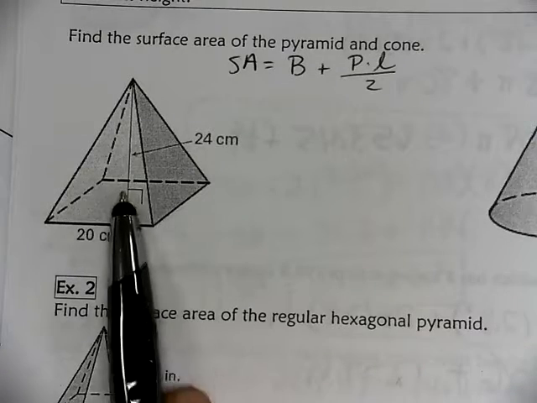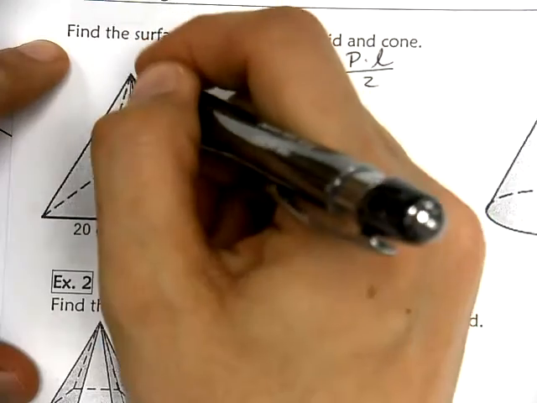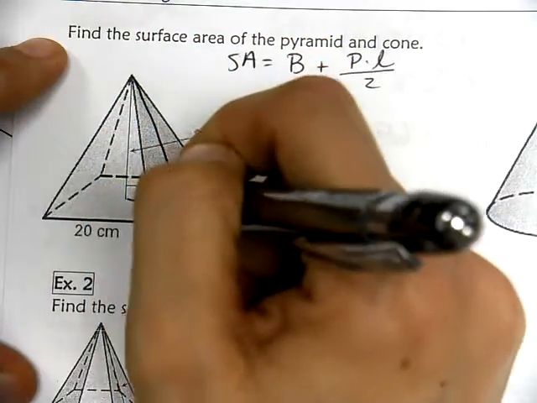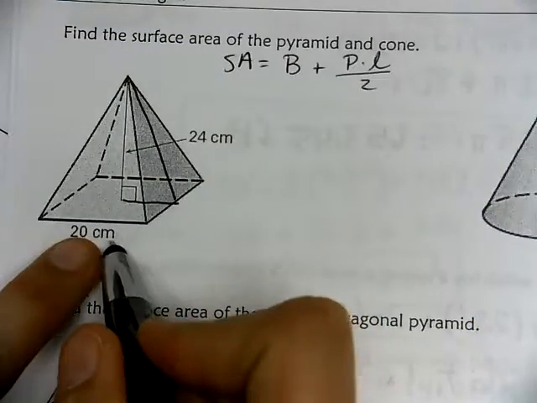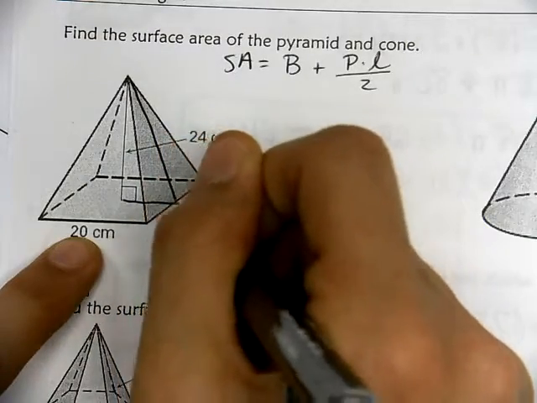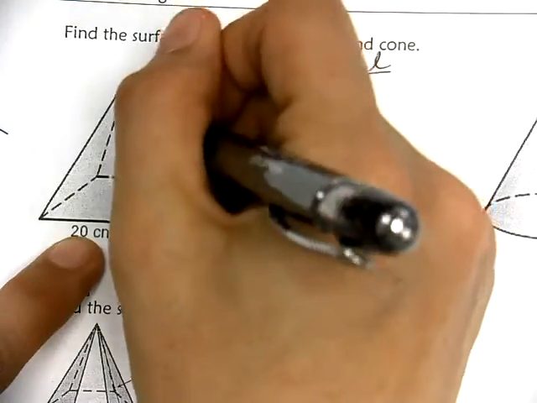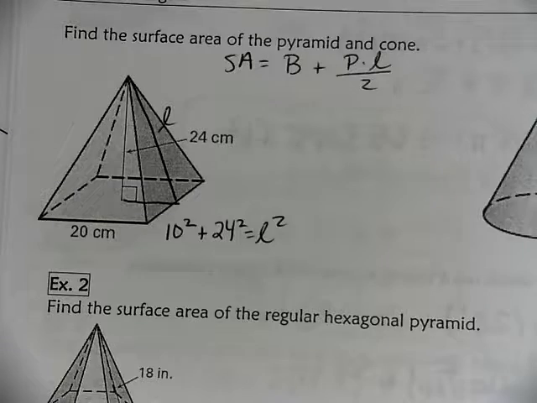No. 24 is the regular height. So we're going to have to do Pythagorean Theorem, same thing that we used to do in the last unit. We're going to do half of the 20. So 10 squared plus 24 squared equals our slant height squared. The nice thing is the slant height should be your hypotenuse.